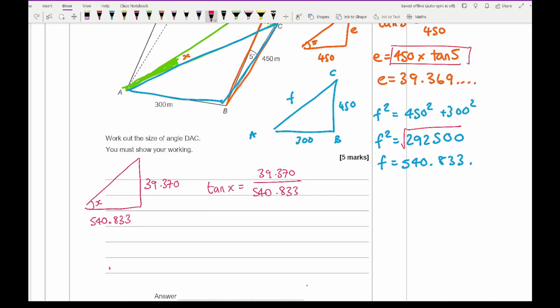Or ultimately, what I would strongly recommend is that you think about how you're going to give your final answer. So if I'm going to round my final answer to 1 decimal place, then I may use numbers in the working out to 2 decimal places.